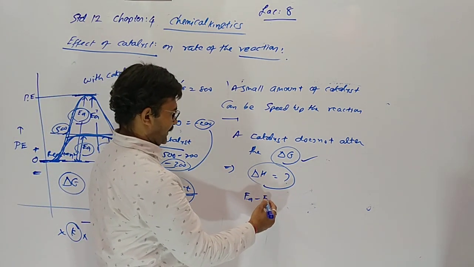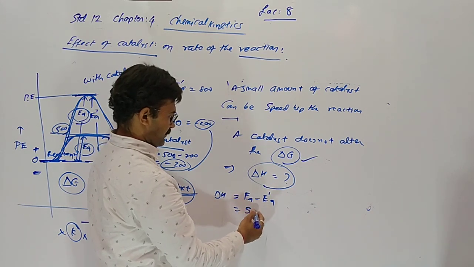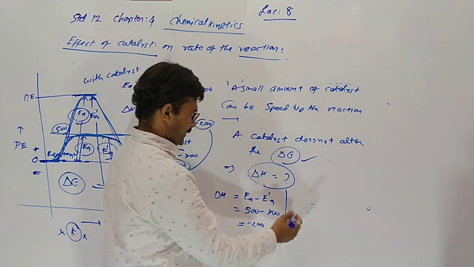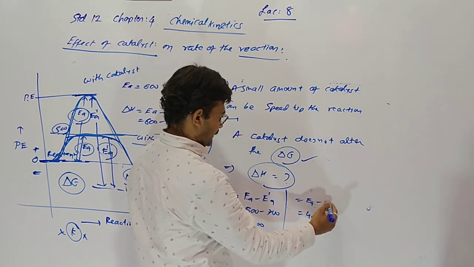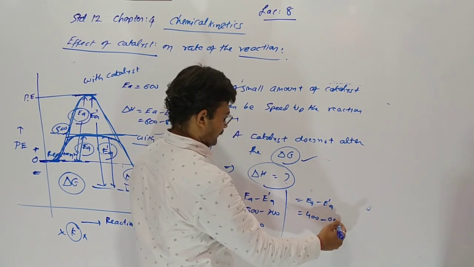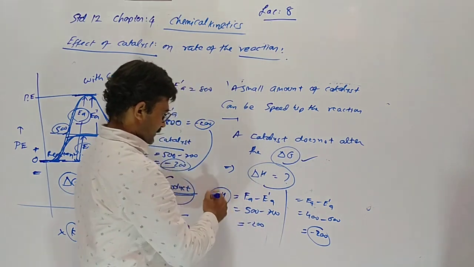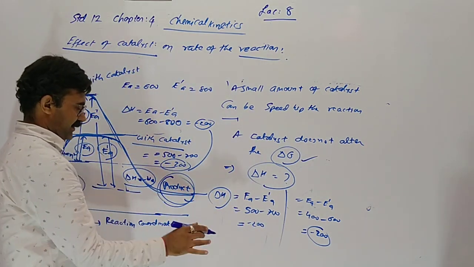Before using the catalyst the change in enthalpy was 500 minus 700. After the catalyst, as much as EA decreases, E dash A decreases by the same amount. So the difference remains the same, so delta H never changes. Amount of product never changes.